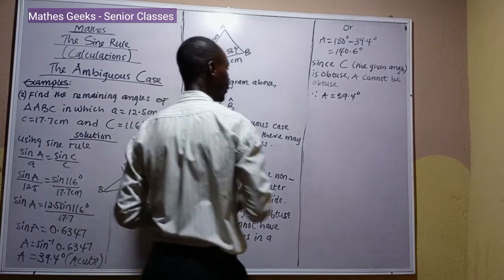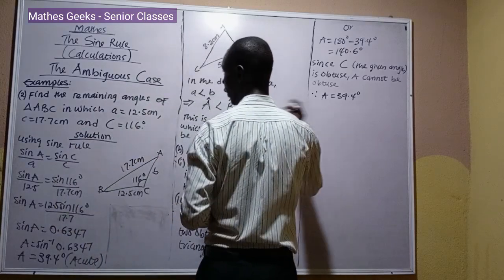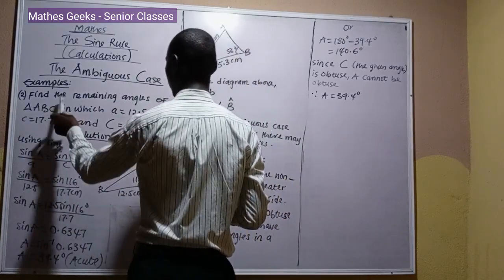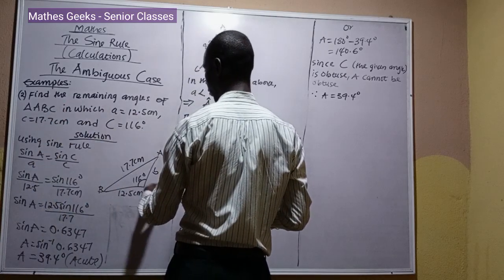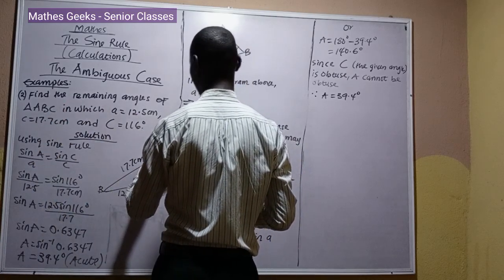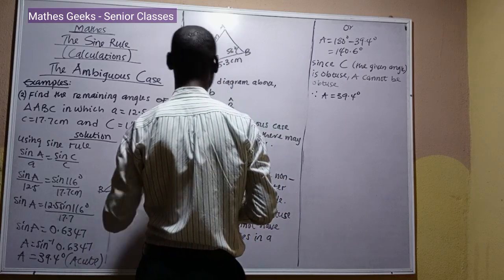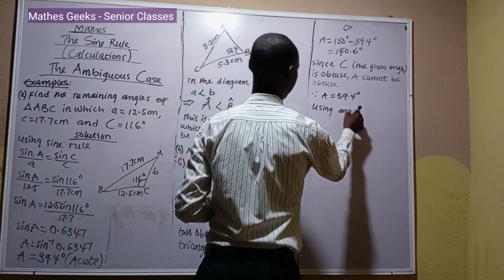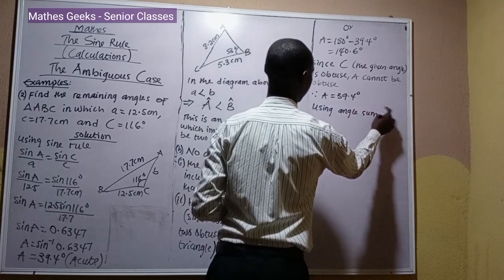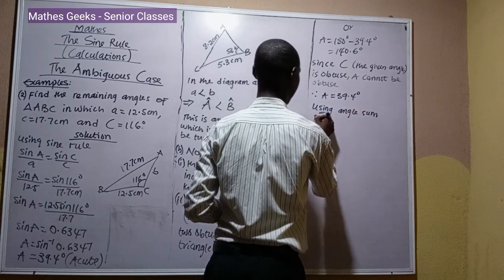So from here, to get the other angle, because the question says we should find the remaining angles of triangle ABC, of which only angle C was given, we've gotten angle A using the sine rule. Now we can use the angle sum property.